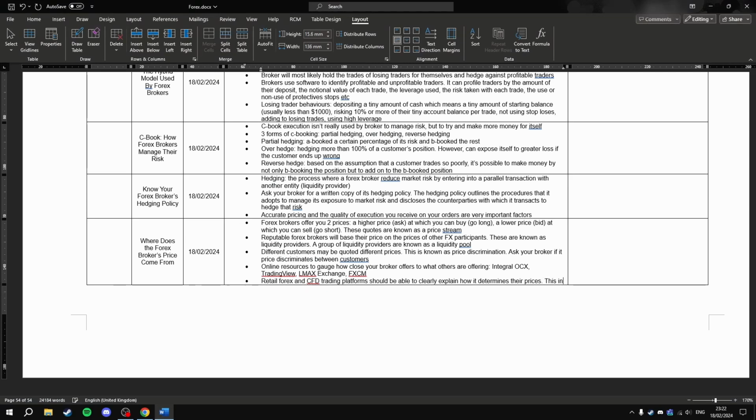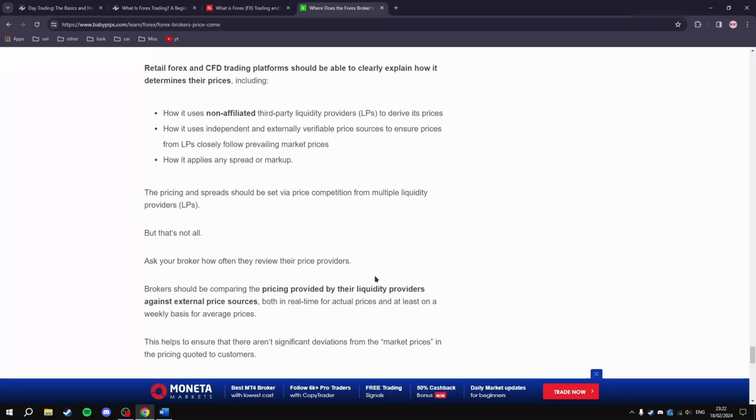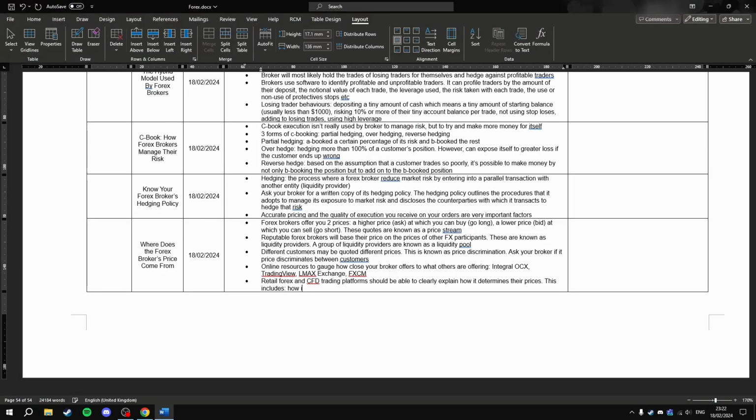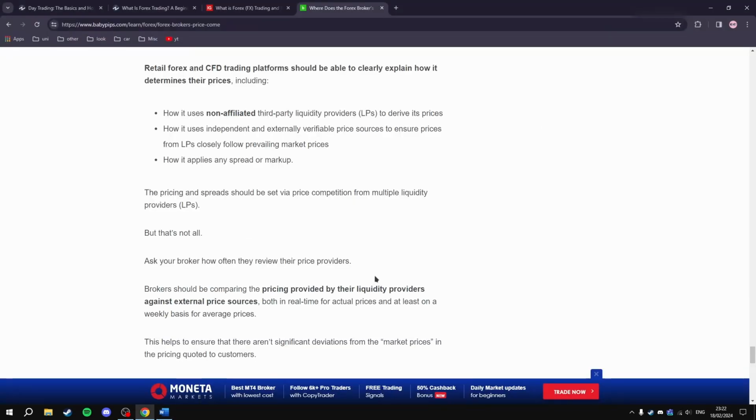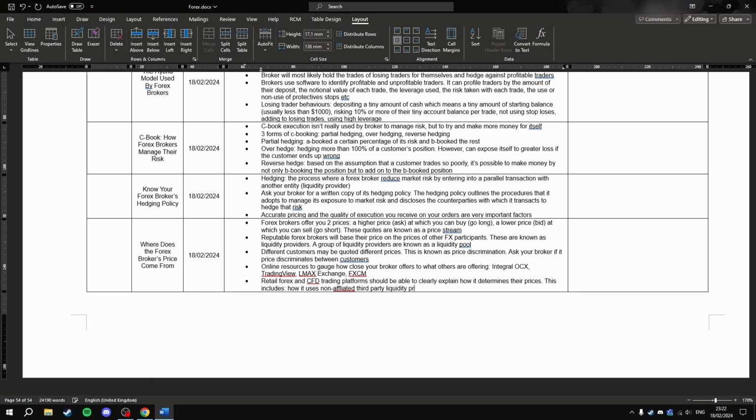This includes how they use non-affiliated third-party liquidity providers to derive their prices.